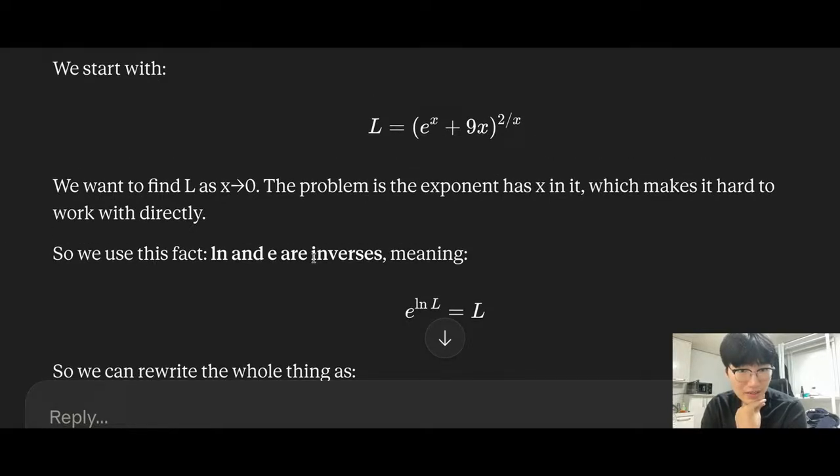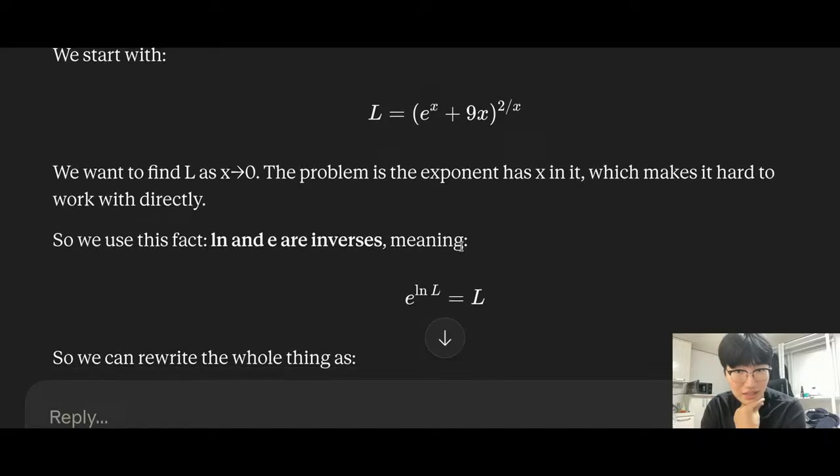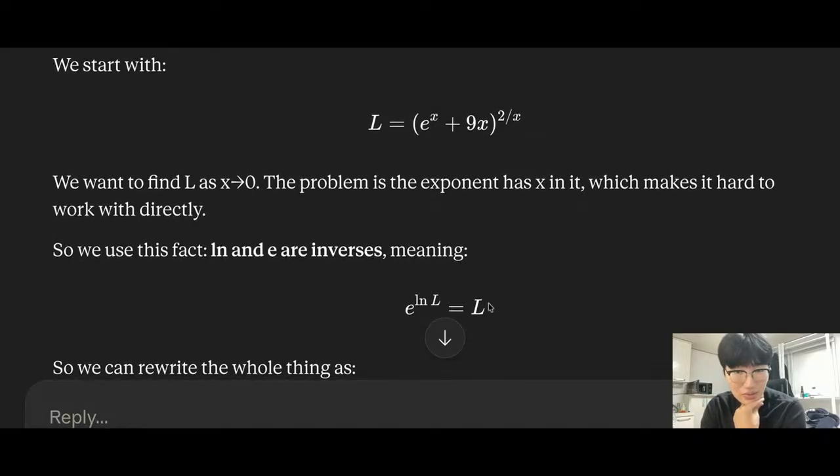So we use this fact: ln and e are inverses, meaning e to the power of ln L equals L. What do you mean by that? Out of nowhere, this just gets dropped, this niche and specific rule that e to the power of ln L equals L.